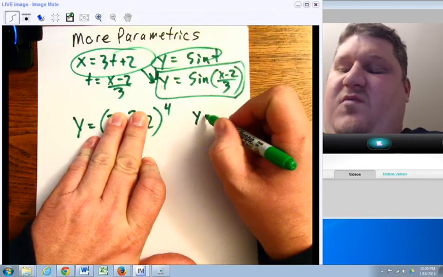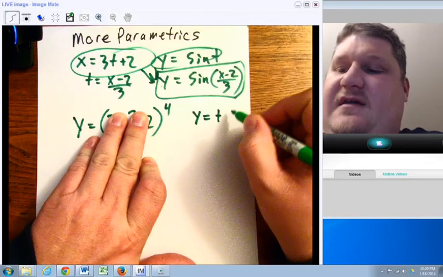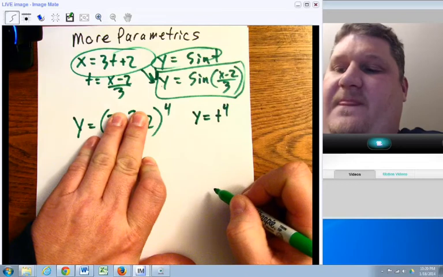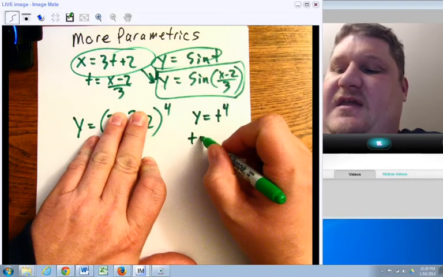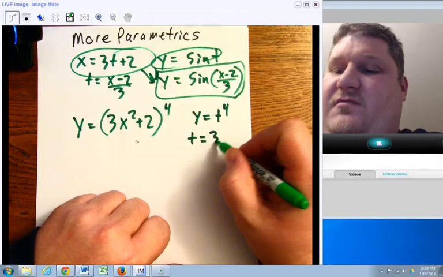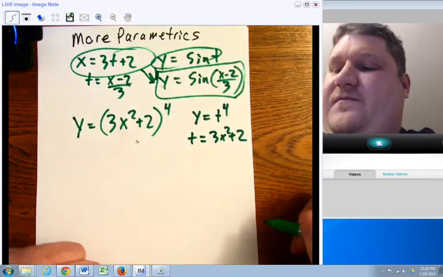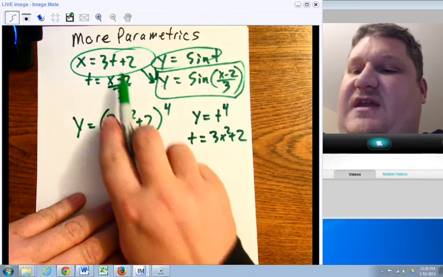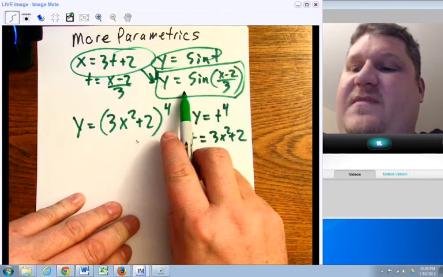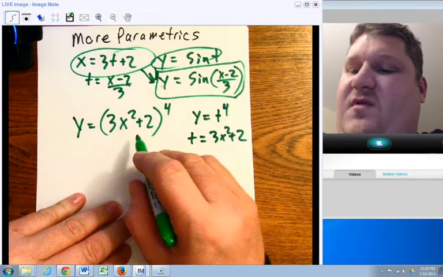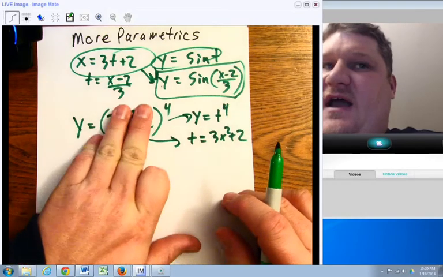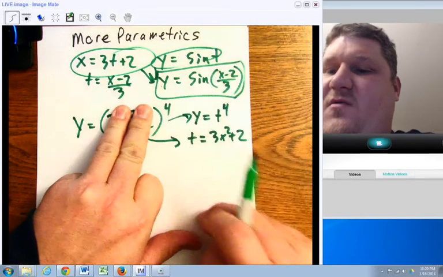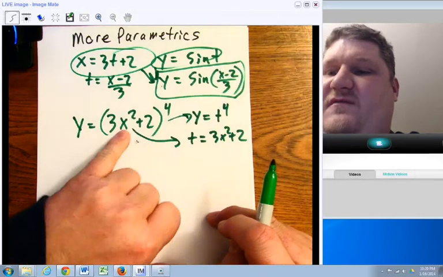So we could say y equals t to the fourth power. And as long as we said that, we could say t equals 3x squared plus 2. Now, instead of taking two equations and putting them together, we're taking one equation and we're breaking it apart. And so you have, in essence, an outer function, the fourth power, and the inner function, whatever's underneath it.